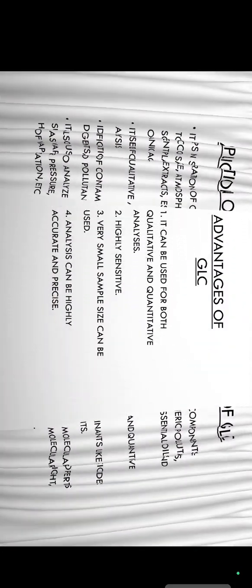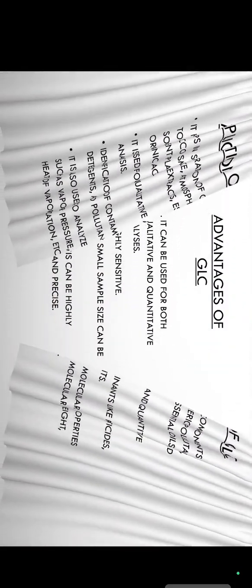It can also be used for identification of contaminants like pesticides, detergents, and pollutants. It is also used to analyze molecular properties such as vapor pressure, molecular weight, and heat of vaporization.